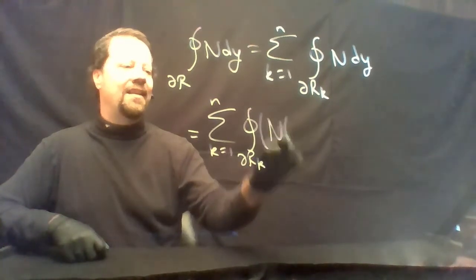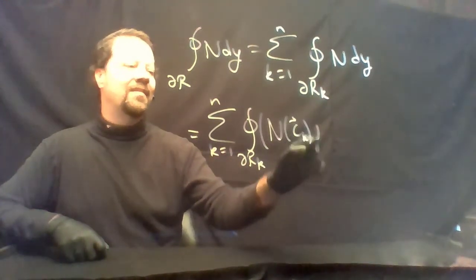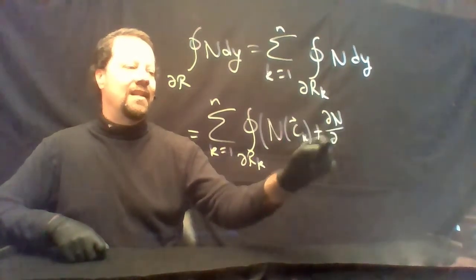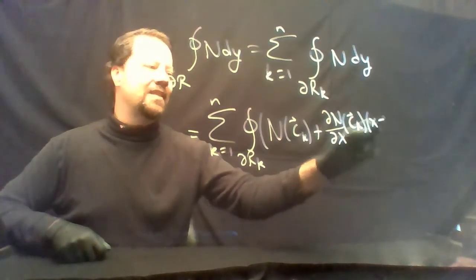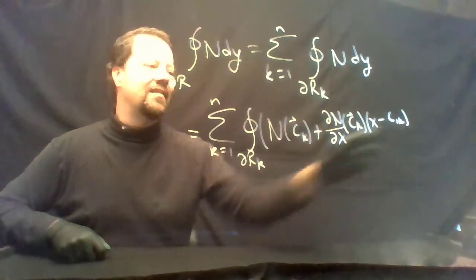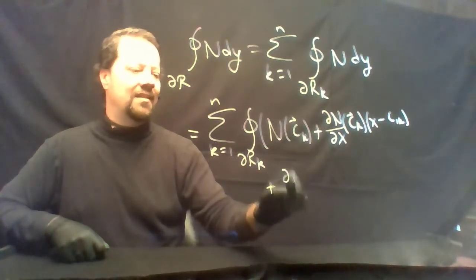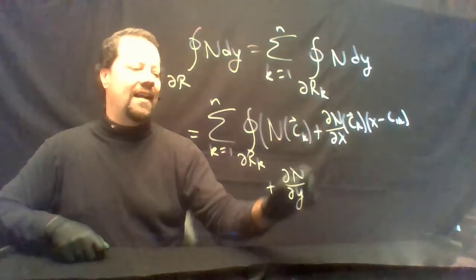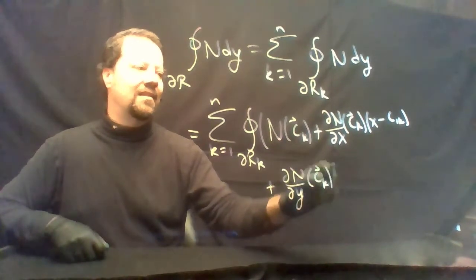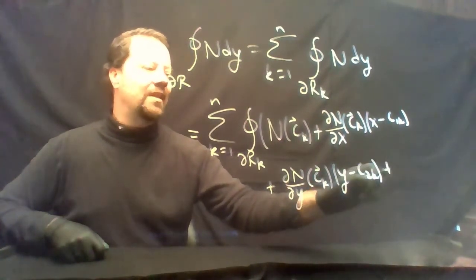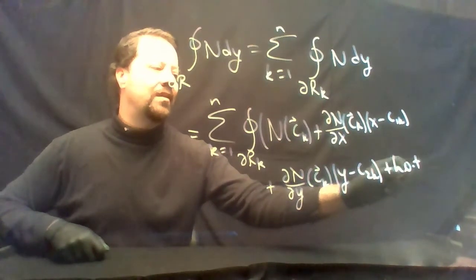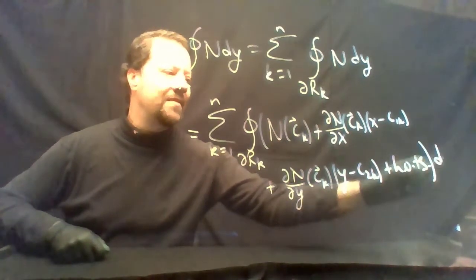We'll have n evaluated at the ck's, plus dn dx at ck times x minus c1k, plus dn dy at ck times y minus c2k, plus higher order terms, all times dy.